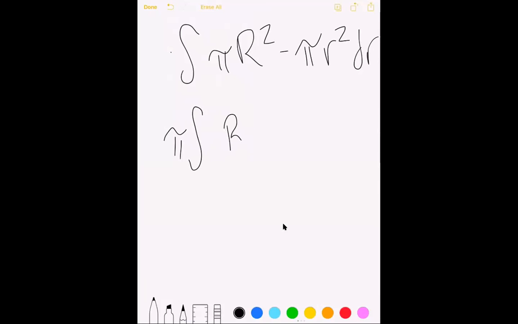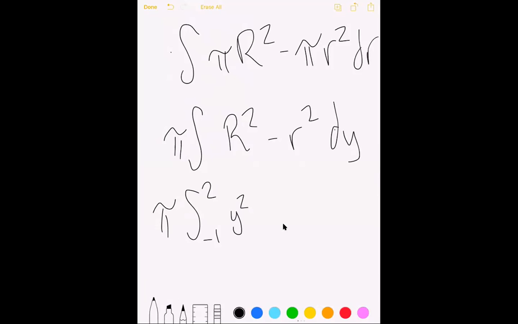So we have pi big R squared minus little r squared in terms of whatever we're multiplying by. And so all of ours are in terms of y now. So we have pi integral from -1 to 2.